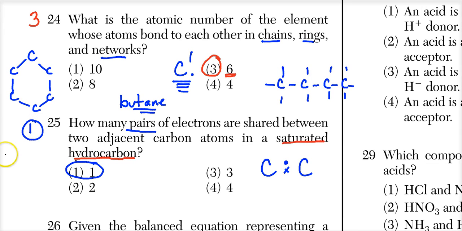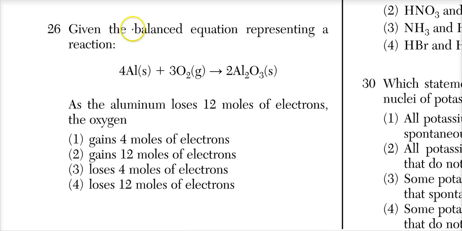Okay? So number 26. Given the balanced equation representing a reaction, this is a redox reaction because I see a standalone. Anytime I can pick out some 0 elemental forms, I know it's a redox reaction. As the aluminum loses 12 electrons, if this guy is losing electrons, in this case 12 electrons, in order for the reaction to be balanced, you must balance the charge and the mass.